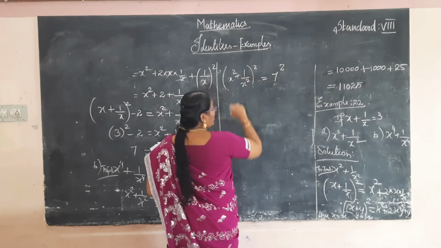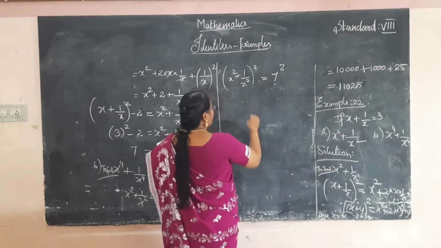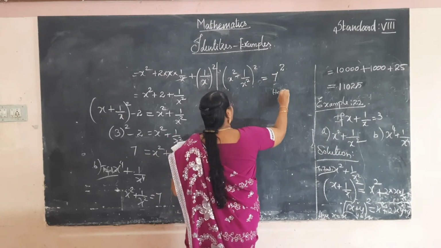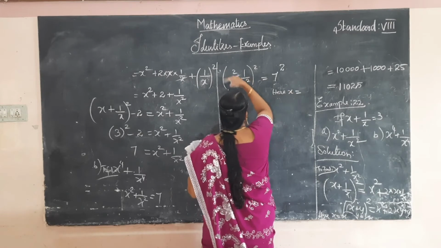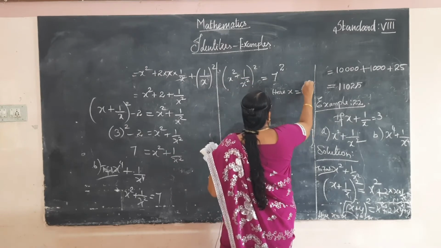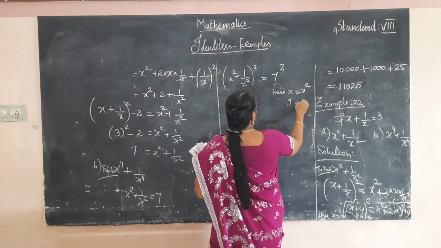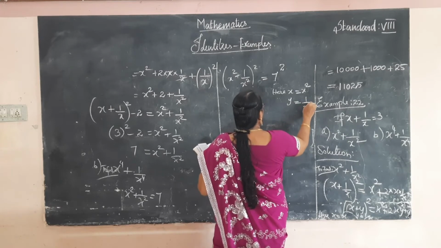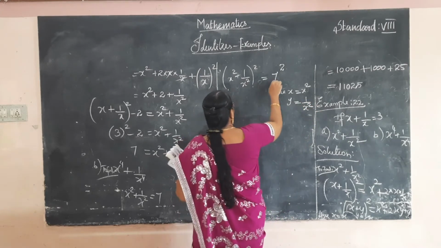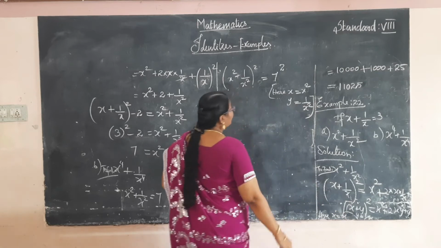So what do we get? The a plus b the whole square formula. Here the x value is x squared, and the y value is 1 by x squared. Carefully apply identity 1.